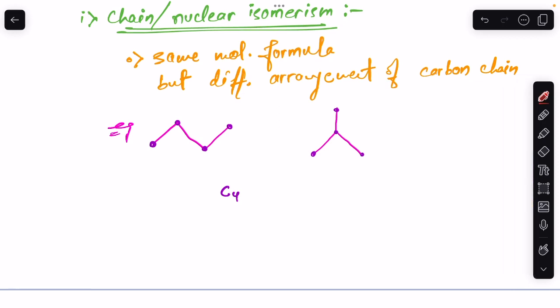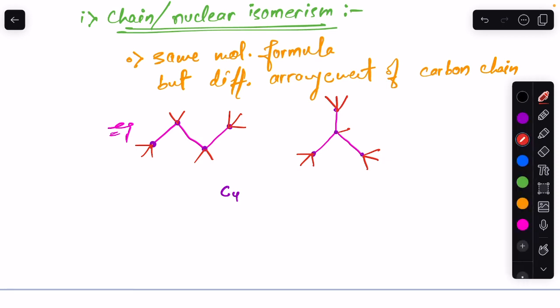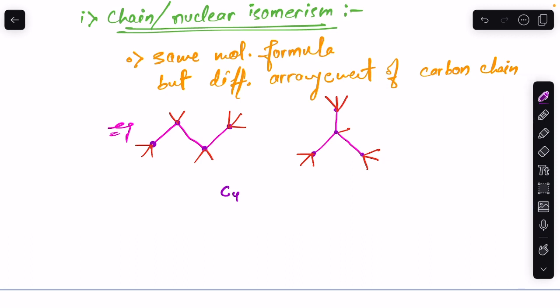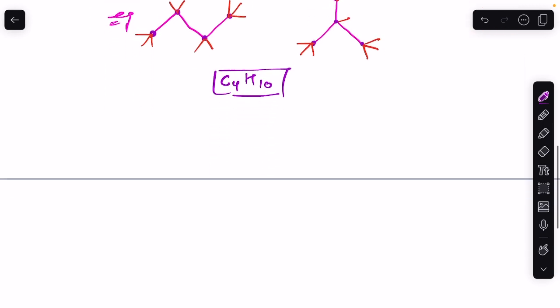Let's count hydrogen: 1 to 10. Similarly 1 to 10 here, as a single carbon atom can make a maximum of 4 bonds. So here we have C4H10. Both of these molecules have the same molecular formula, but the arrangement of the carbon atoms is different. That is why these two are chain isomers of each other, and hence show chain isomerism.